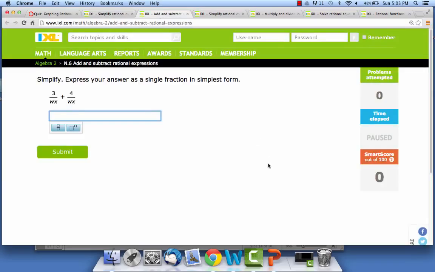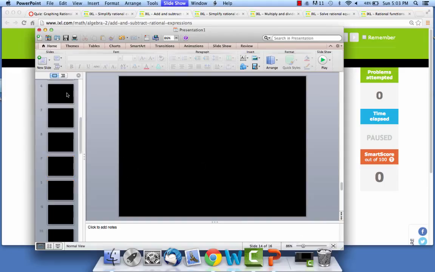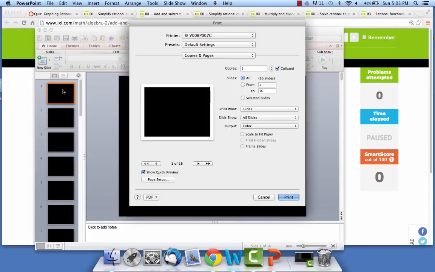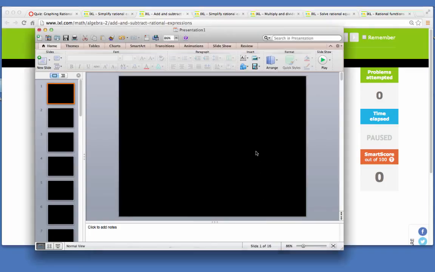Okay, so now let's look at adding and subtracting. I actually did attempt to hit the correct button that time. I guess I just didn't press hard enough. Okay, so if I'm adding fractions, so let's say I'm doing 2/3 plus 1/5.